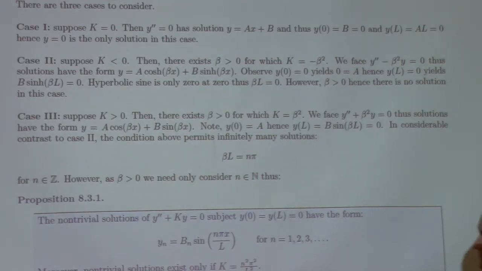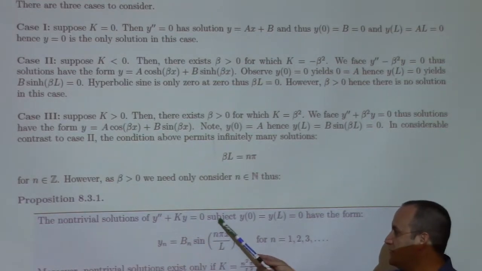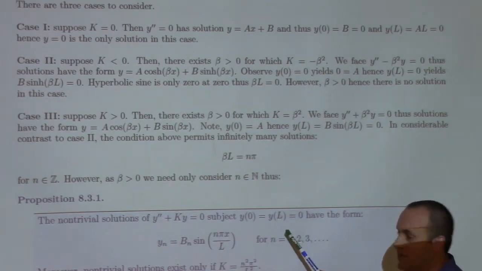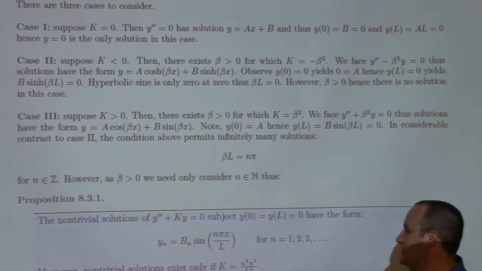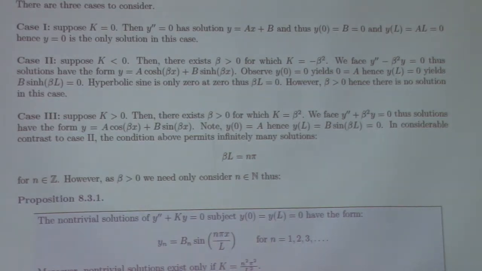So this is our result: y prime prime plus ky equal to 0, subject to these being 0. We have non-trivial solutions only of the form y sub n is b sub n times sine of n pi x over L for n equals 1, 2, 3, and so on. And the non-trivial solutions exist only for k being n squared pi squared over L squared.